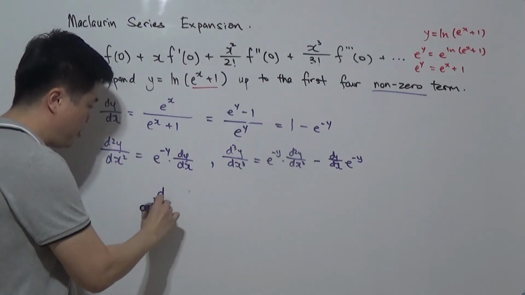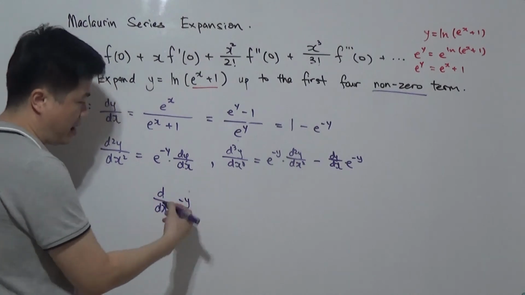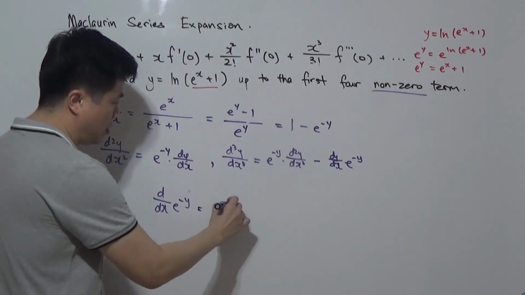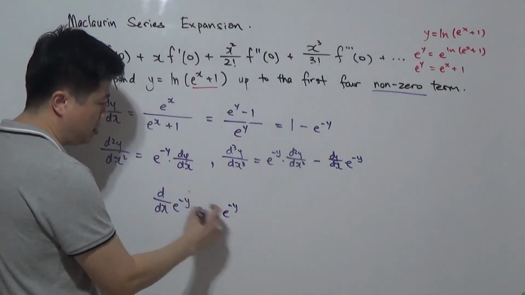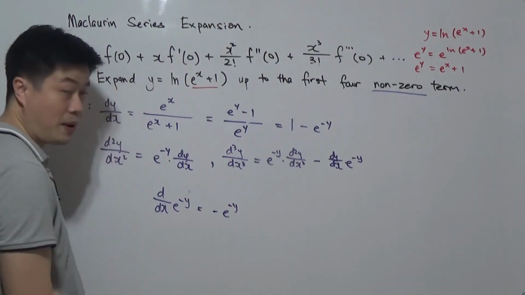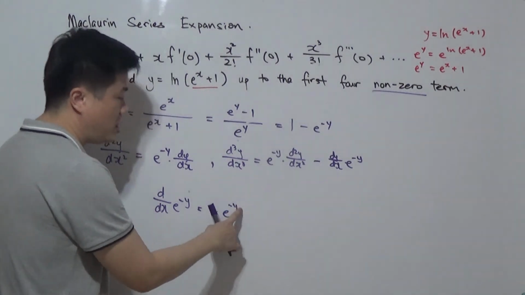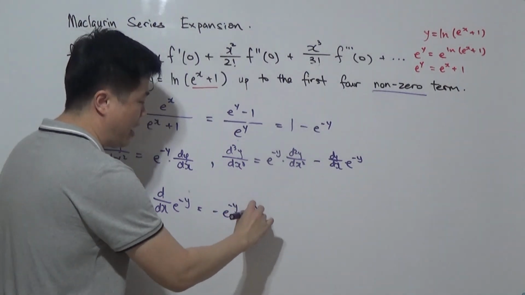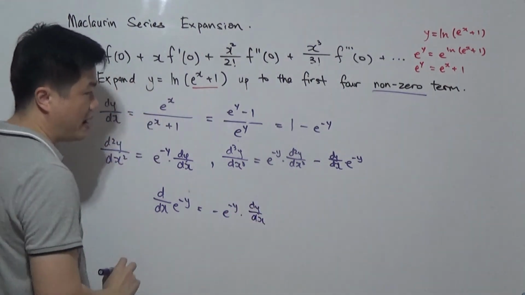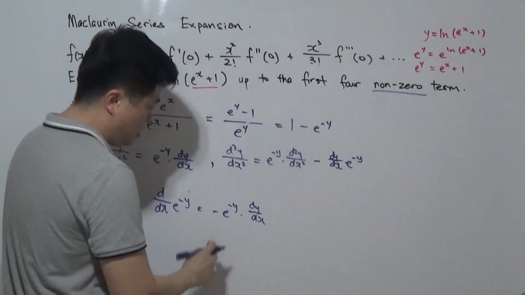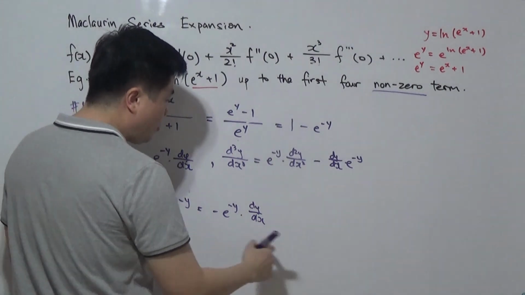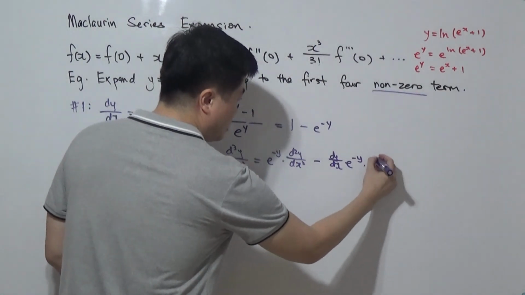We're going to write here for illustration: we will have e minus y. We chain this, it's going to give us minus e minus y, because minus y, when you differentiate, gives you minus 1. But because we're differentiating with respect to x, we will have to multiply it by a dy dx. So as a result of this, we have an extra dy dx over here.